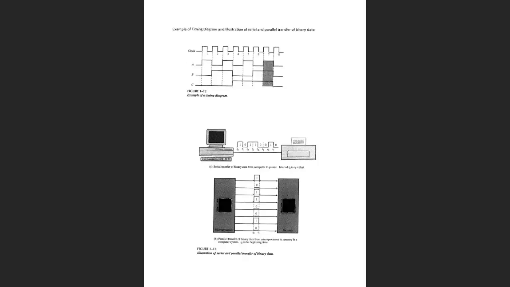Okay, so in the last class, as usual, I ran out of time, but we were talking about data transfer, and just to recap a little bit, we know that if I want to store a binary value, a 0 or a 1, I can do that by storing a voltage.